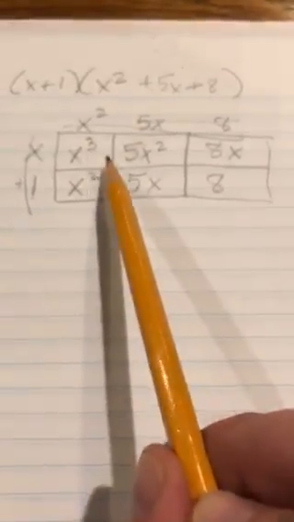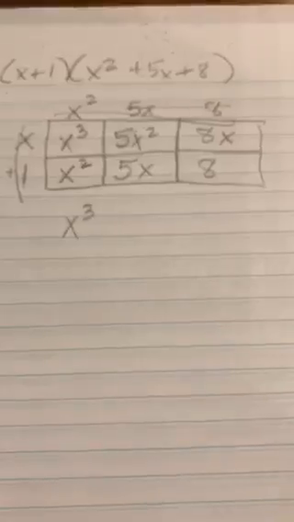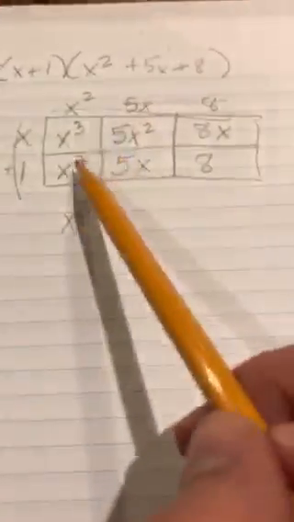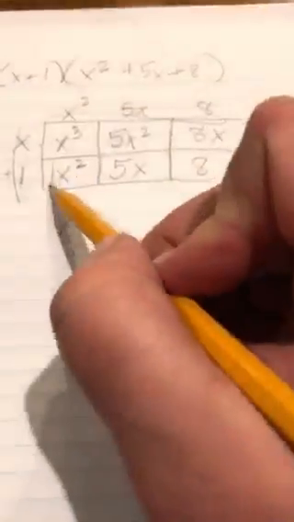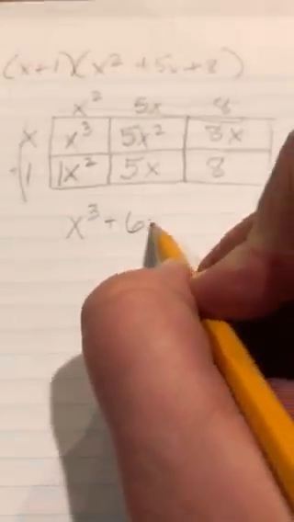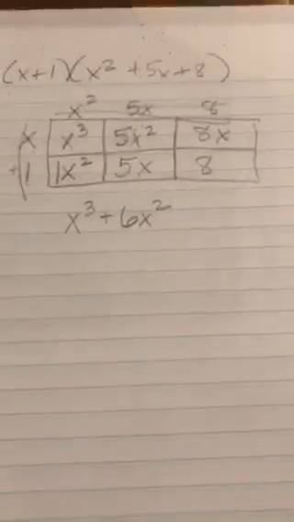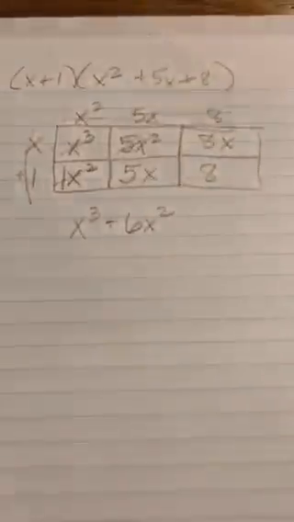So x cubed is the only x cubed, so it comes down. And it's first because that has the highest degree. Okay? Then I'm looking at my x squareds. This is really 1x squared. So 1 plus 5 gives me a 6x squared. Okay, so I've used up x squared, I've used up 5 and 1x squared.